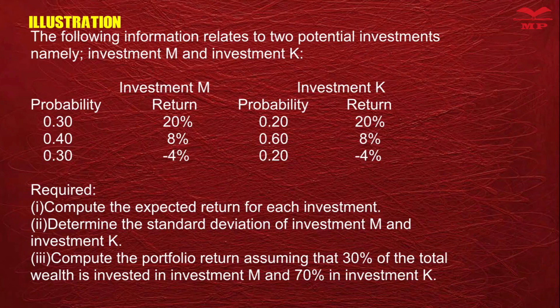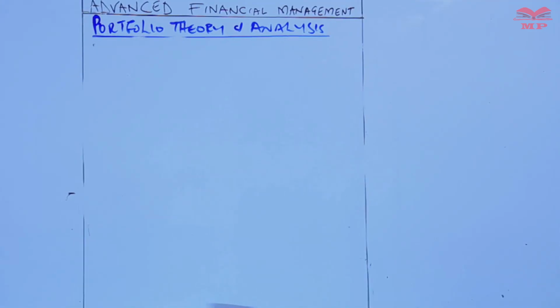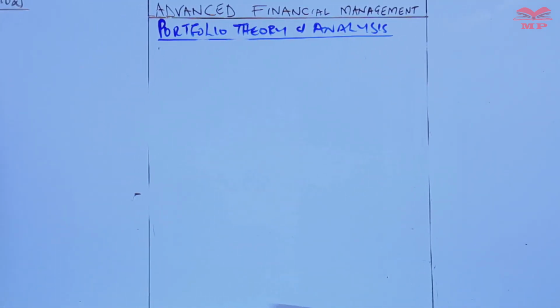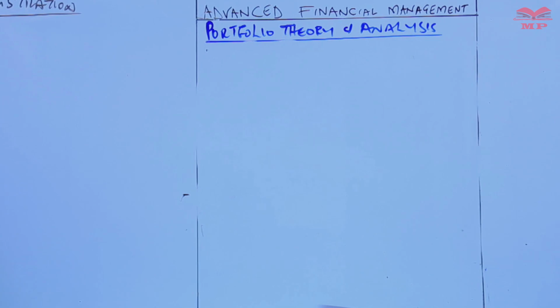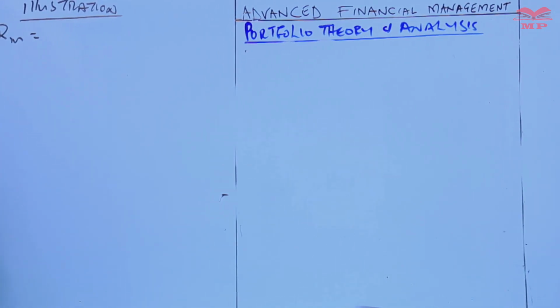So first of all, we are required to compute the expected return for each investment, beginning with investment M. We have the probabilities. The first column there is probabilities.